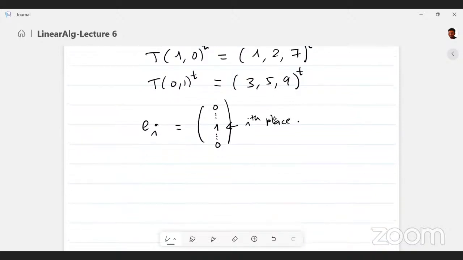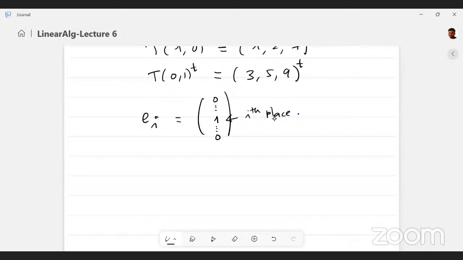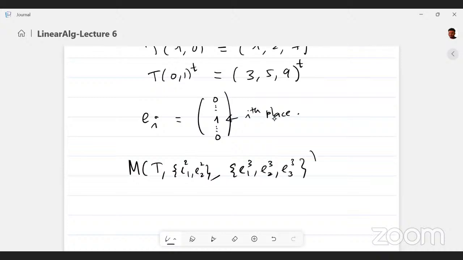Now what will be the matrix corresponding to the standard basis? So this standard basis E bar. Let me write down E1, E2 for the two-dimensional space, comma E1, E2, E3 for the three-dimensional one. I am putting the dimension because this has 2 coordinates and this one has 3 coordinates.